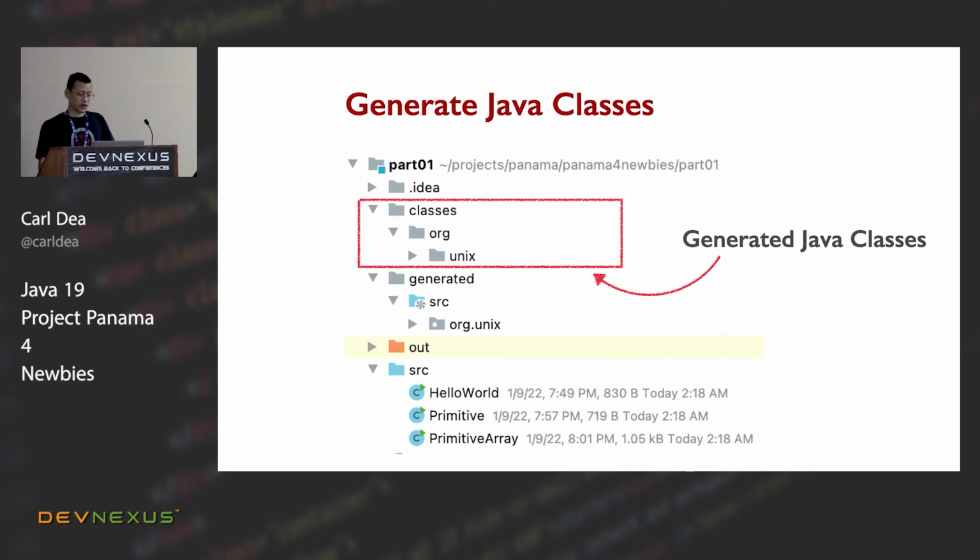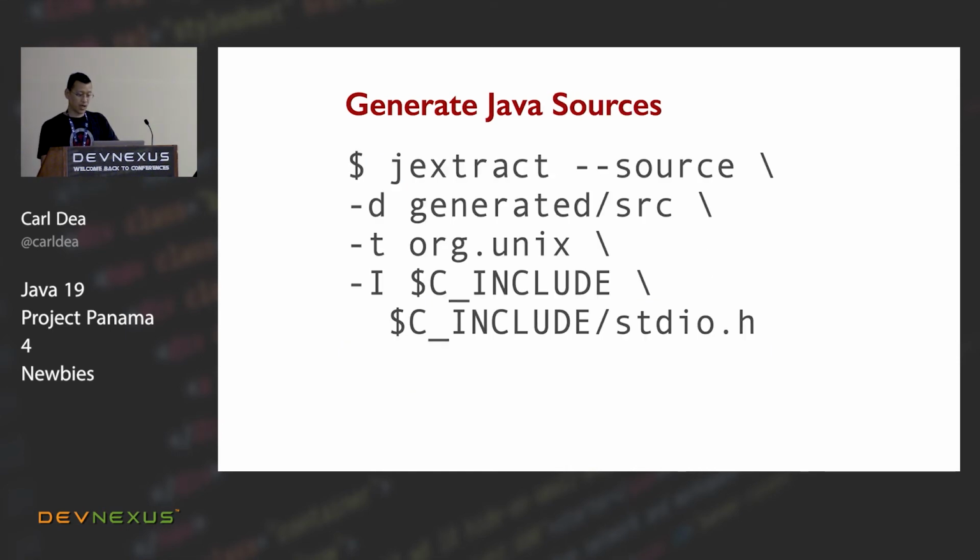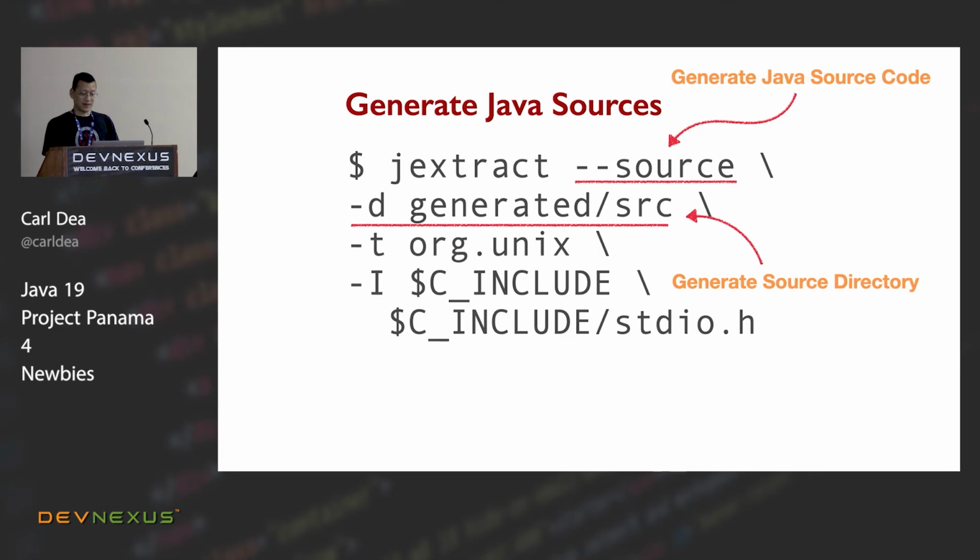Just a picture of the directory structure: here is where the compiled Panama code goes, because you specified it in the -d. It goes in classes, and it follows the namespacing, and everything goes under there. The --source option is where you generate the source code. It's not compiled. And -d again, I put it in a convenient place here, generated/source, so that IntelliJ actually detects that, or most IDEs, I think NetBeans might also.